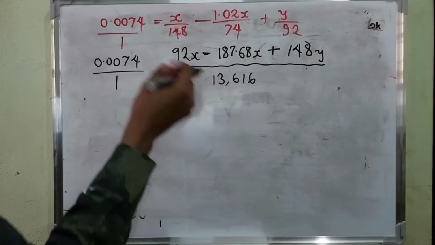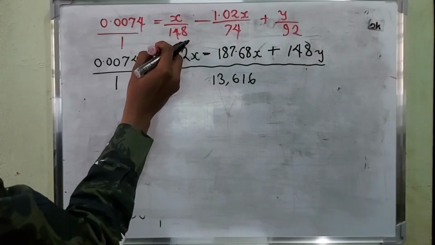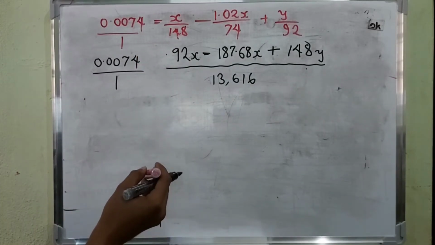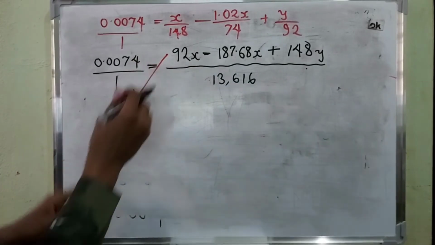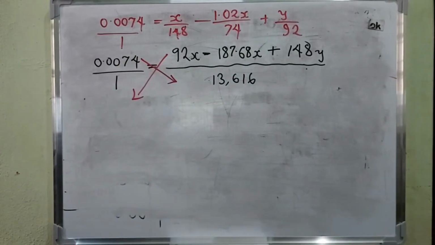From here, henceforth, you can also choose to cross multiply. Yes, you can do that. Remember, there's an equal sign here, so we just get to cross multiply. So this multiplied by that one.